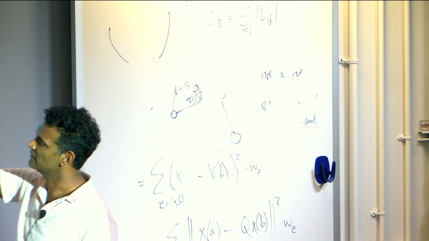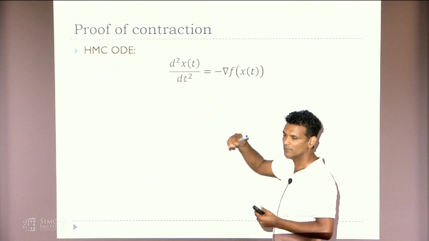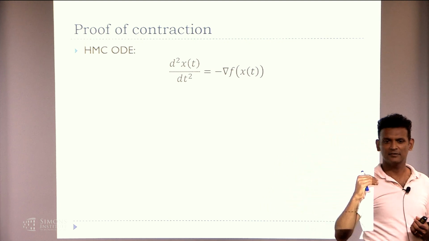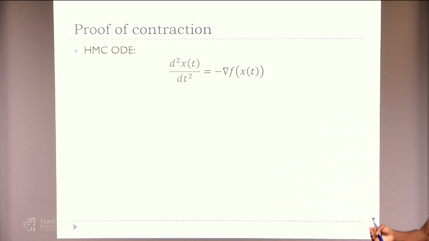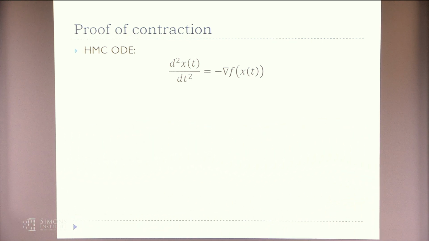This is the same thing as for the Hamiltonian Monte Carlo. Remember, the Hamiltonian Monte Carlo just said that the derivative of the current point is the velocity, and the derivative of the velocity is minus the gradient. Maybe I should write that here since it keeps coming up.